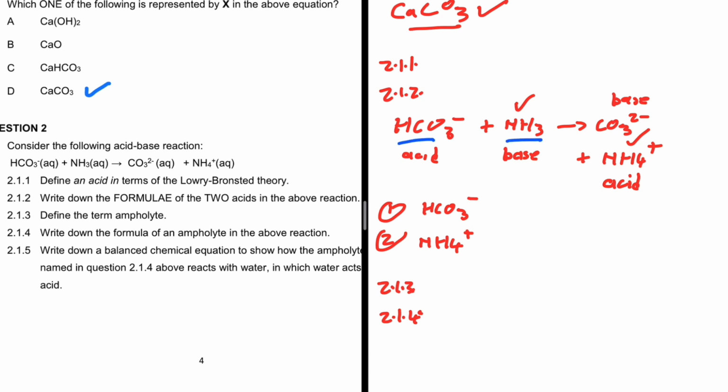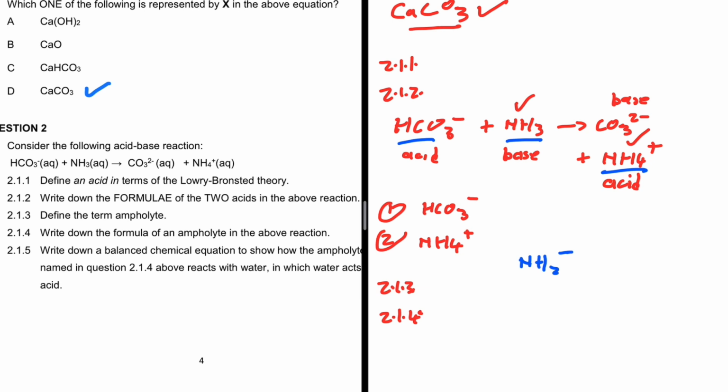NH3 is a base. And then NH4 plus, it is an acid. We don't have such a thing as NH2 minus. It does not exist. This is not a thing we have in chemistry.